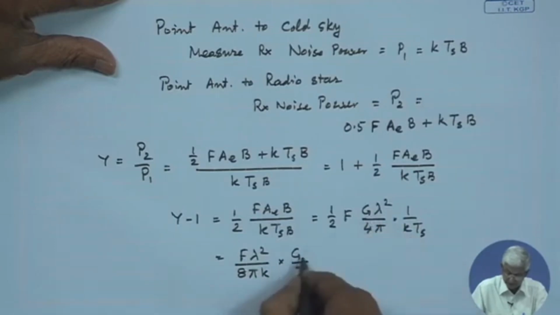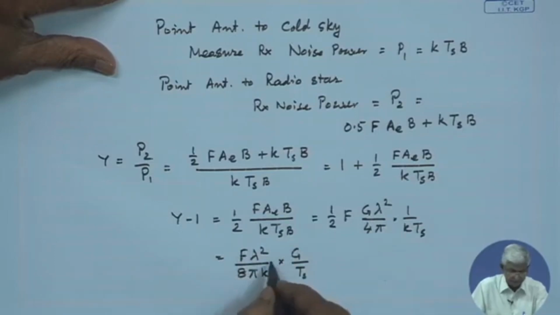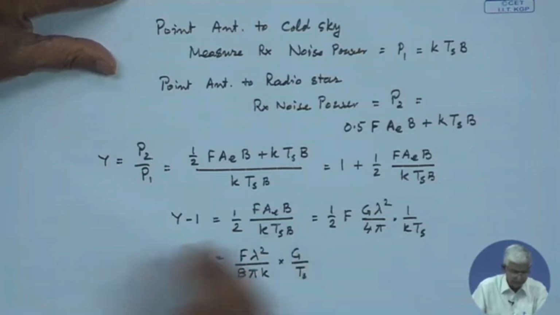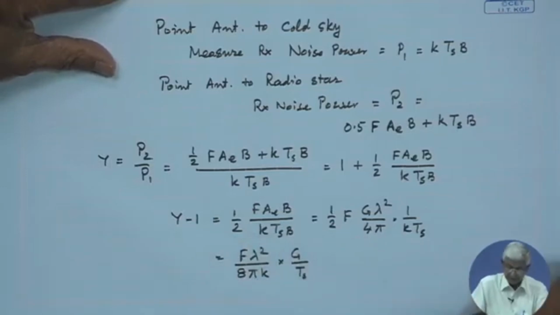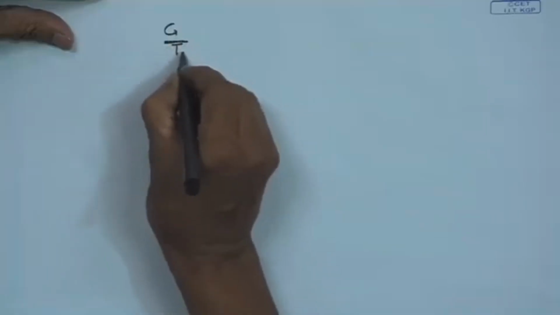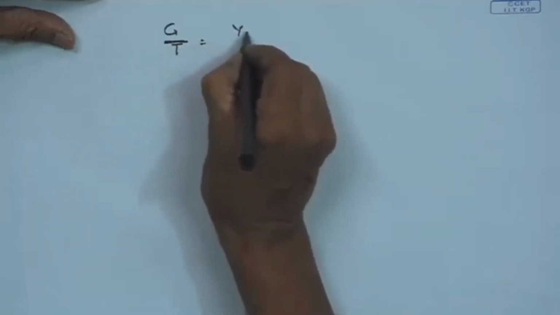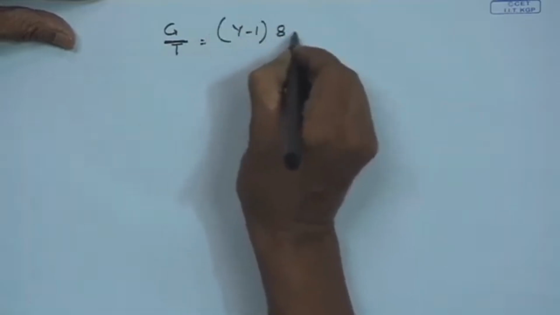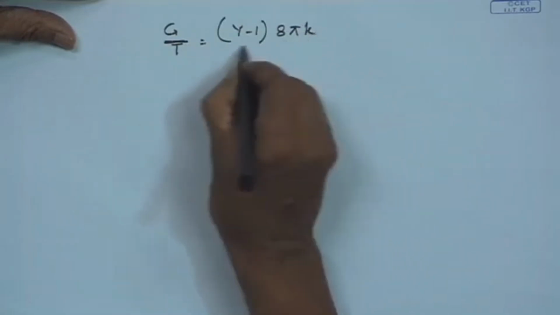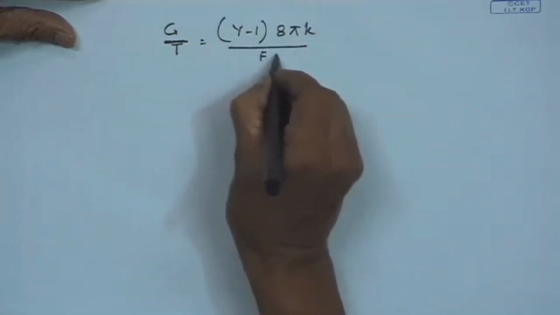This G is G_R, so it is G by T. Now we can interchange that and write afresh: G by T is equal to Y minus 1 into 8 pi K by F lambda square.